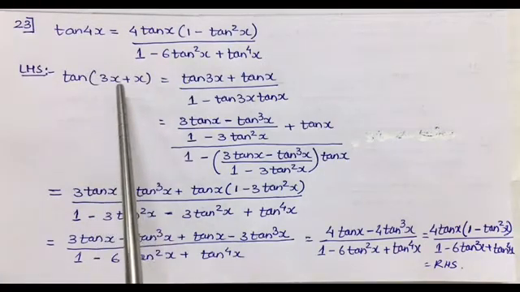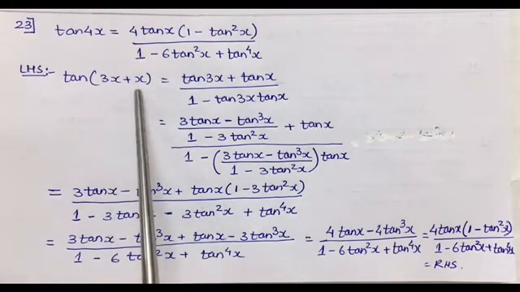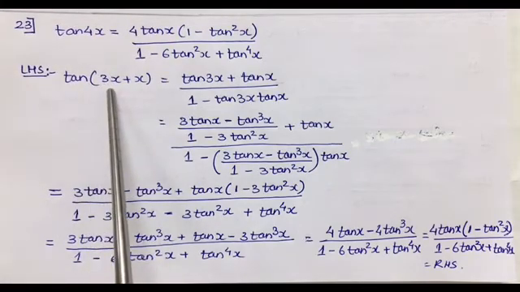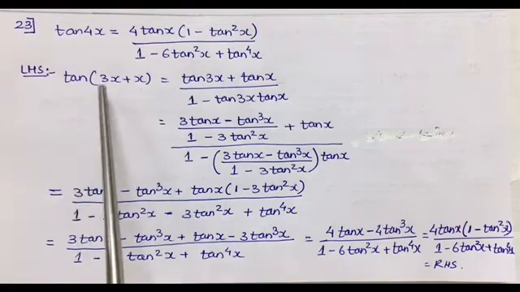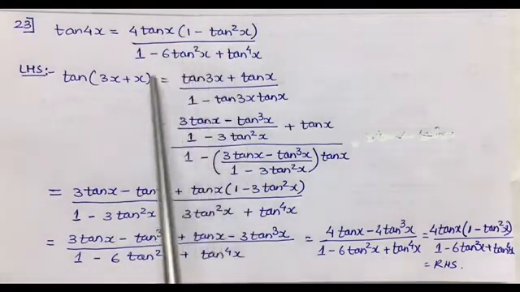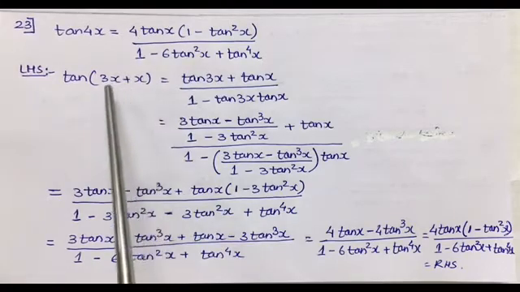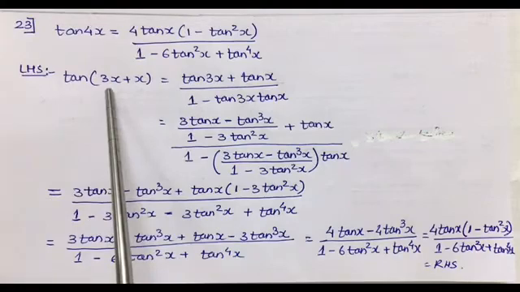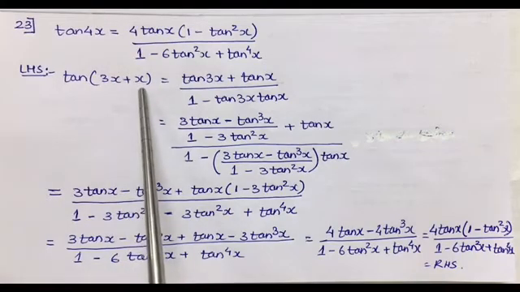The reason for expressing it as 3x plus x is that we have the formula of tan 3x, and RHS needs tan x. So 4x is expressed as one angle 3x and the other angle x.